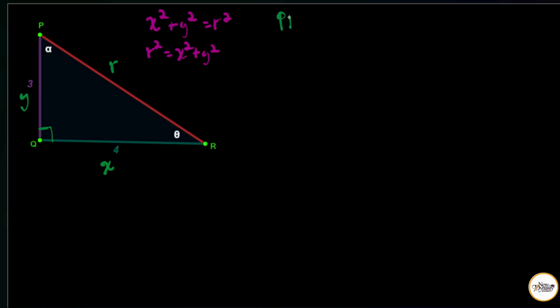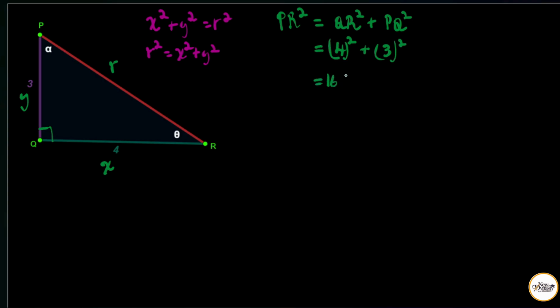So that is going to be PR squared, because that is r squared, equals QR squared plus PQ squared. Now we are looking for PR. We substitute what we have. QR is 4, so 4 raised to the power 2, plus PQ, which is 3, also raised to the power 2.